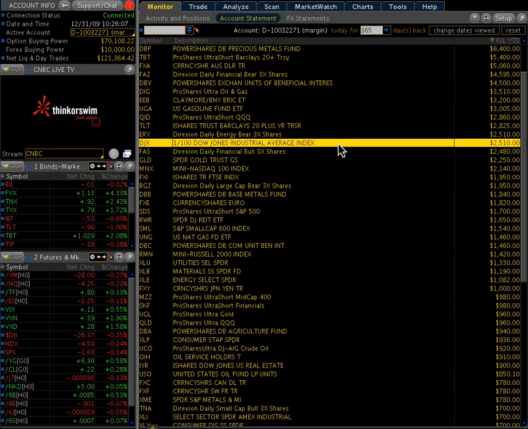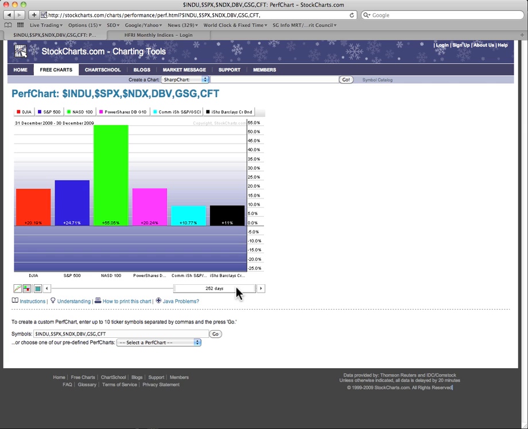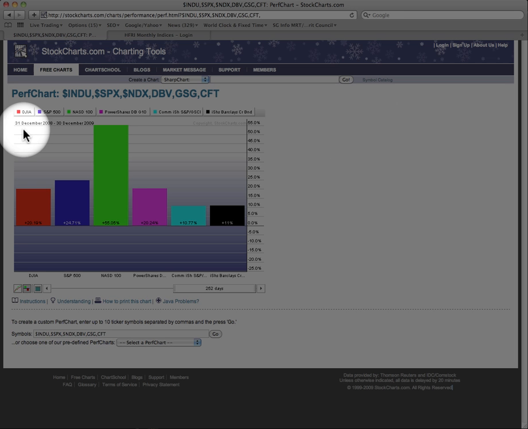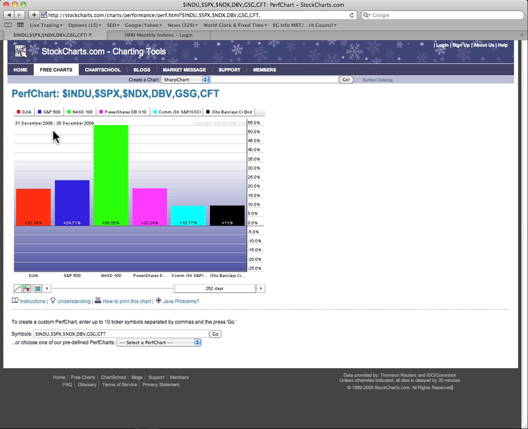As the portfolio was structured using traded products from multiple asset classes, I'm going to benchmark its relative performance against indexes across equities, currencies, commodities, and bonds. So I've selected year to date as the period for comparison using the perf chart at stockcharts.com.